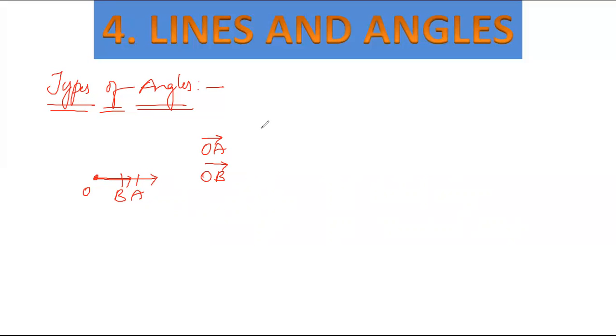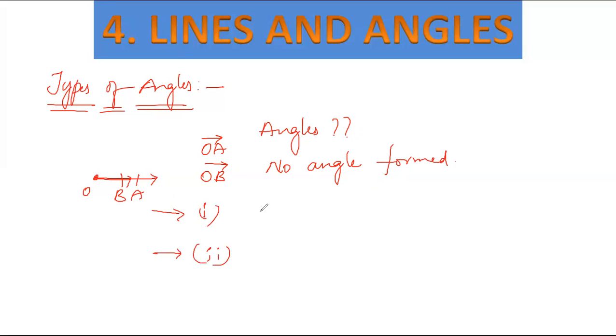Now, what is the angle formed between them? Answer is there is no angle formed. We can think of this picture in two ways. One is OA ray and OB ray are overlapped. It means there is no rotation.